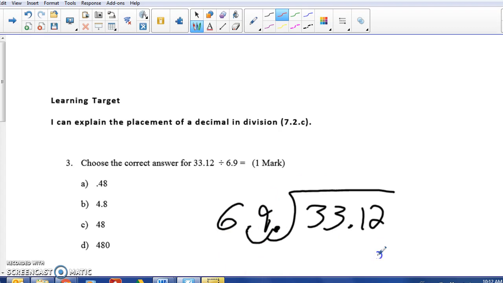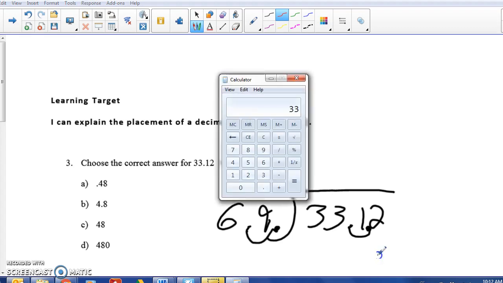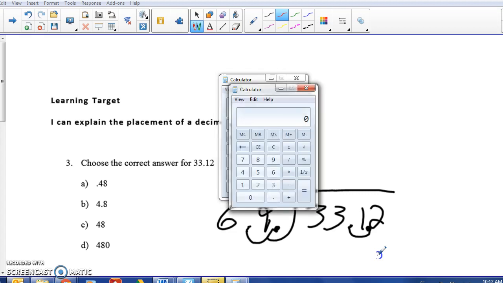So this changes from 33.12 to 331.2. 69 goes into 331, 4 times. You see my 4 goes here.